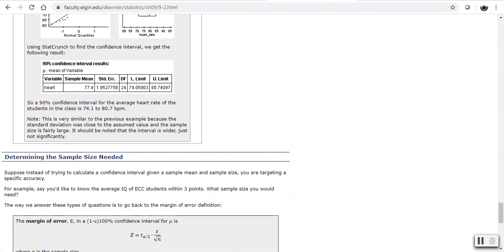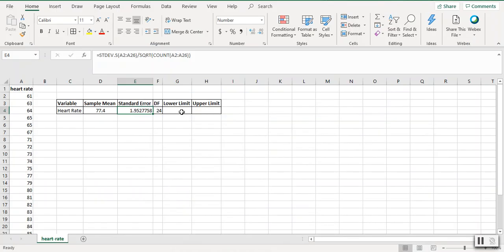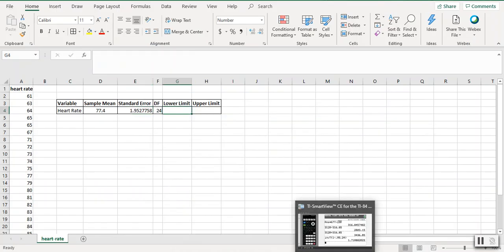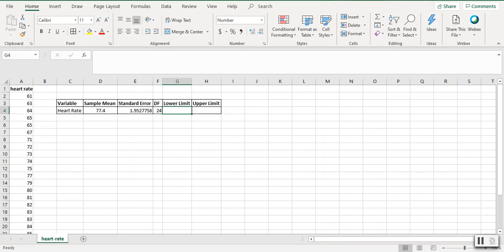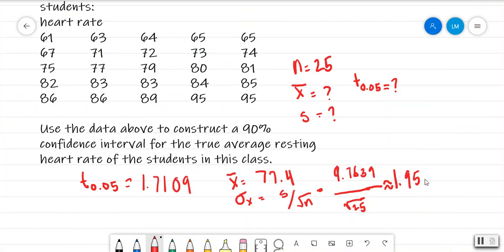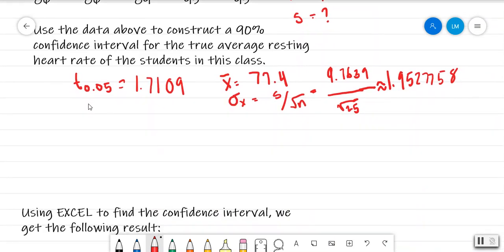Now if we go back, we have the standard error, 1.95, and then 27758. Okay, so in this case, we go ahead and find the lower limit.